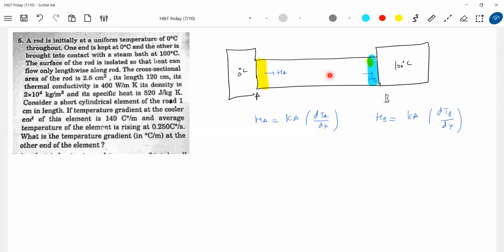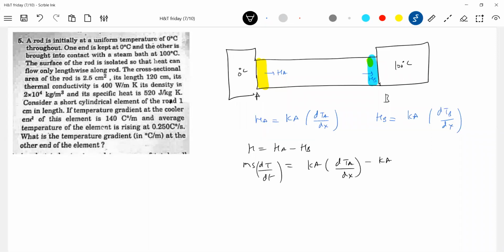So here, the difference H is equal to HA minus HB, I'll write it. Now what is HA? It is MS dT by dt, so this will be KA dT by dx, and so on.